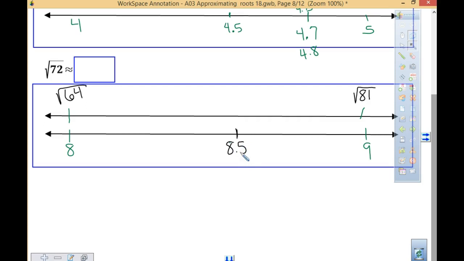And the reason I don't want you to use your calculator for finding the average of the two numbers is that on the test and quiz you can. So we're going to look at 64 plus 81, which is equal to 145. That sound right? Okay.